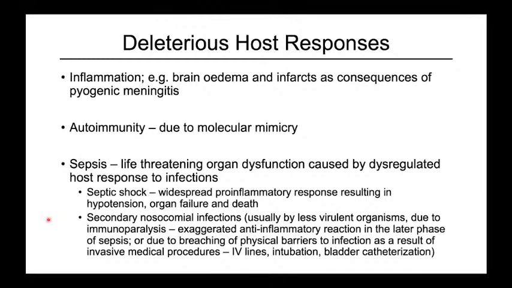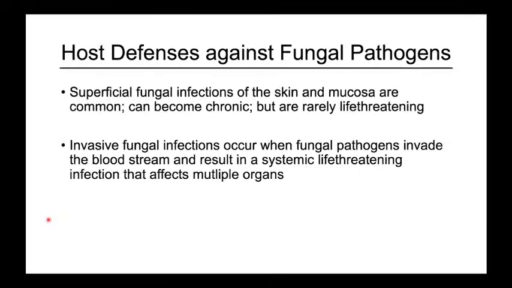There always has to be a balance so that you don't get overwhelming responses. So sometimes, as the body is trying to regulate the immune response and you get an anti-inflammatory response, this can actually cause some sort of immune paralysis, which is what would predispose these patients to secondary infections, especially if they have any breaching of their physical barriers. They can get infected through IV lines or bladder catheters.